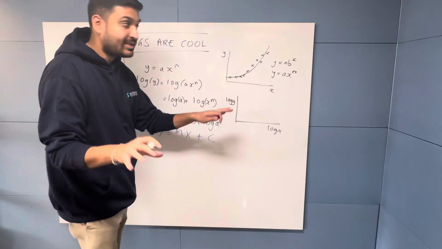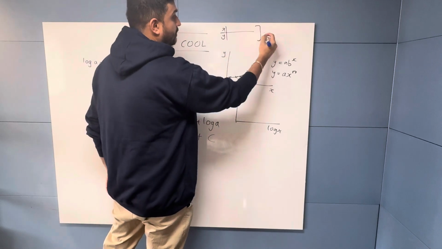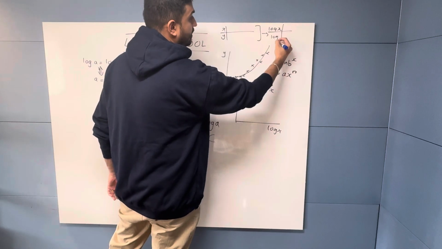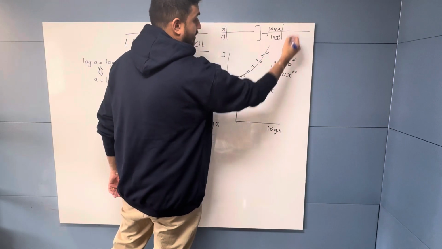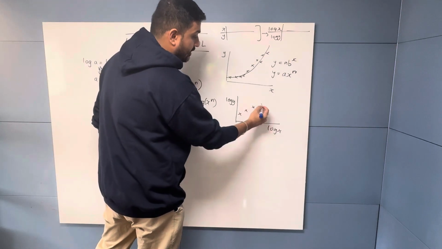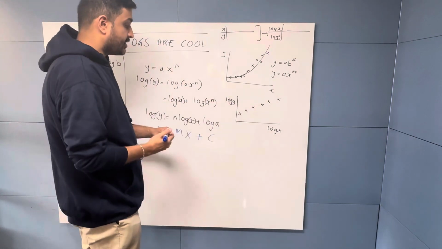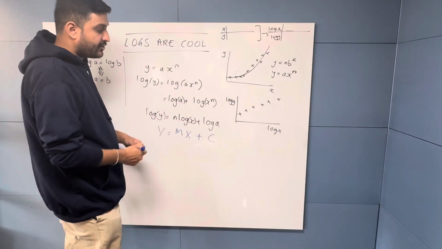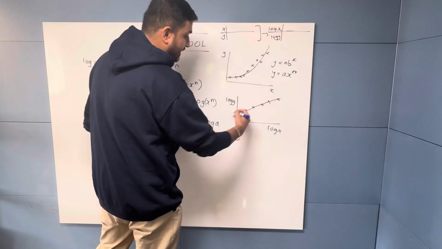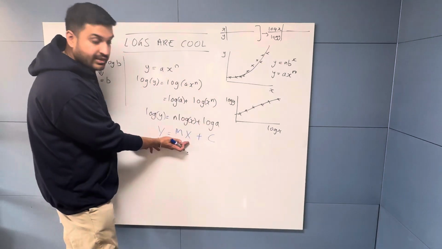So if we had our data set as a table, x against y, we can transform that to log x against log y, and then we can plot those points. What you'll notice when you plot those points is that they should be fairly linear in nature. And if you were to draw a line of best fit between them, that would essentially be what this is.